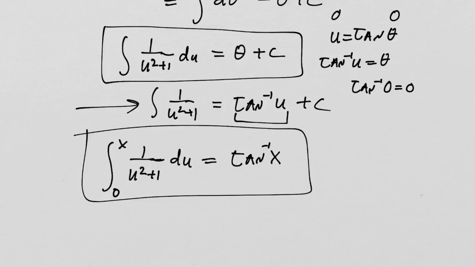Because if you look at this, the fundamental theorem of calculus tells us that the derivative of the inverse tangent is going to be 1 over x squared plus 1. That's by the fundamental theorem of calculus, right?